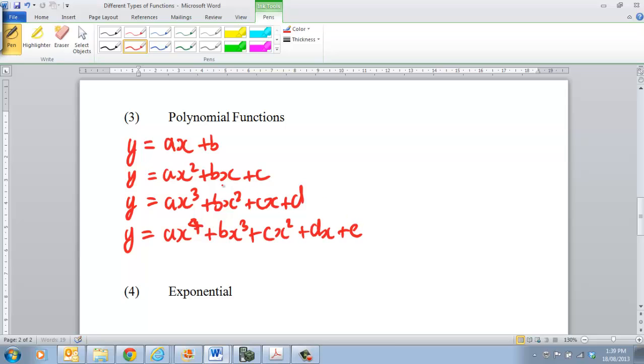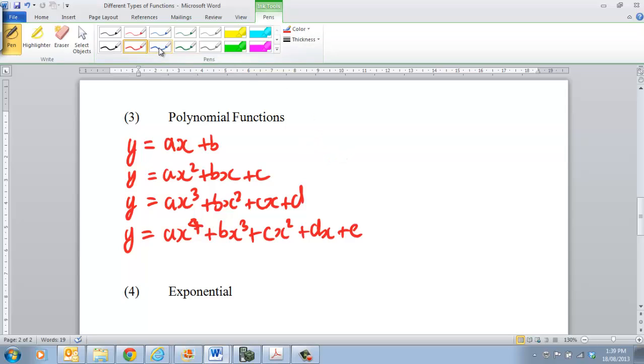Now, keeping in mind all of these things here, you don't actually have to have any more than maybe just something like x to the power of 4, because the values of b, c and d could all be 0. So this accounts for any function that we would have with a power, and they're all polynomial functions.